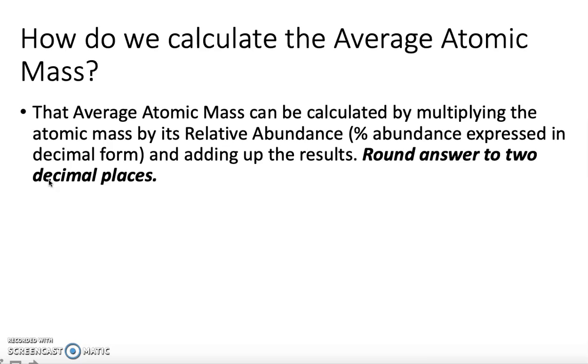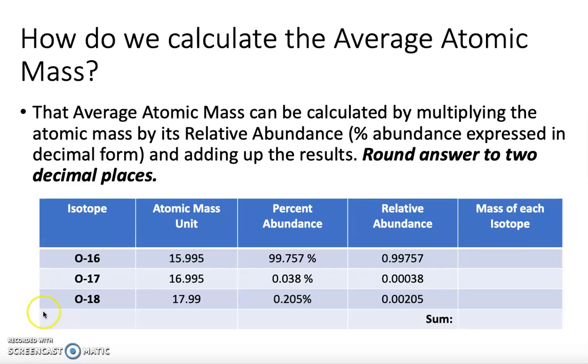So we're going to take a look at the step-by-step results here. I created a little table. Now, we have your 3 isotopes, and here's your atomic mass unit, which is the weight of each one of these isotopes. Here's the percent abundance. Now, like it says in the above paragraph, convert percent abundance to relative abundance, which is essentially the decimal form.